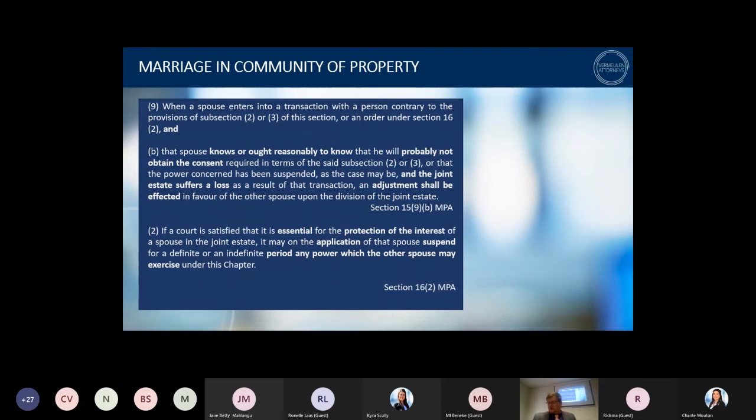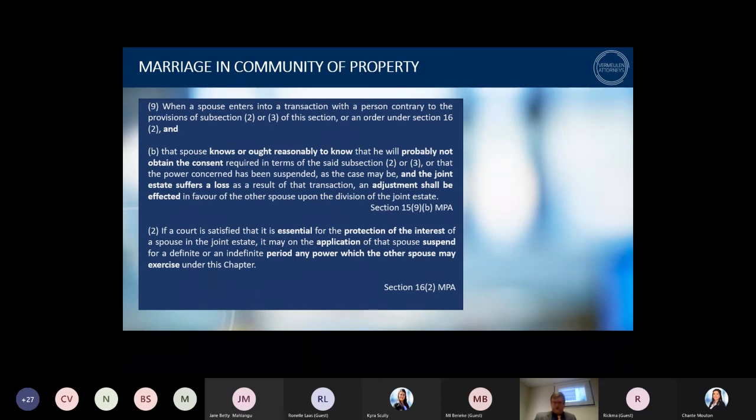If a court is satisfied that it is essential for the protection of the interests of a spouse in the joint estate, it may, upon the application of that spouse, suspend for a definite or an indefinite period any power which the other spouse may exercise under this chapter. In other words, you suspend your spouse's power to transact on behalf of the joint estate.